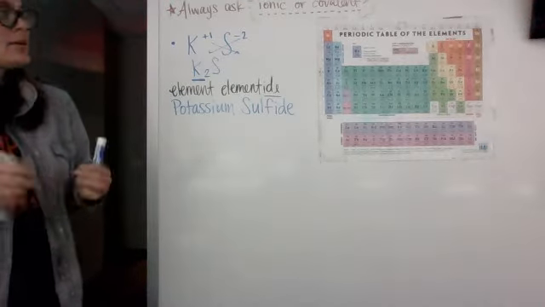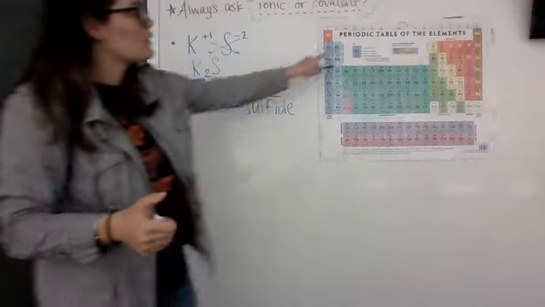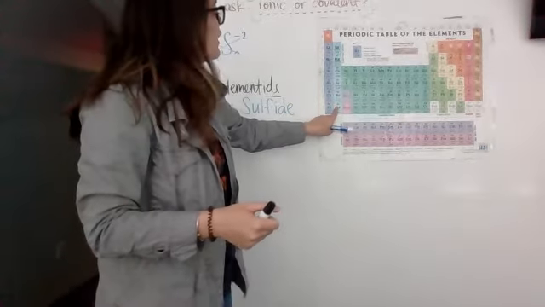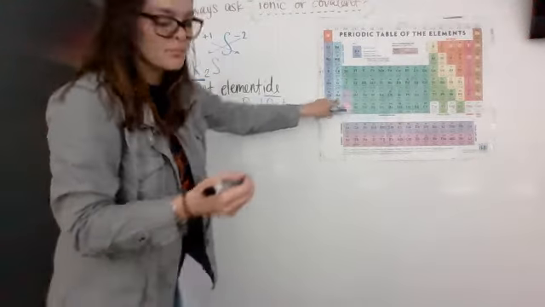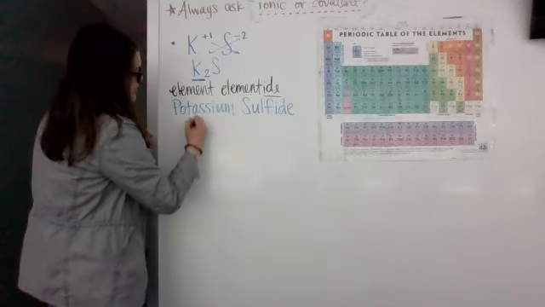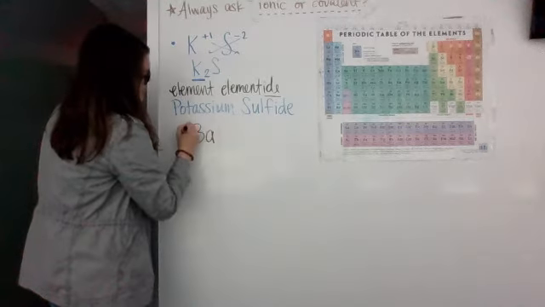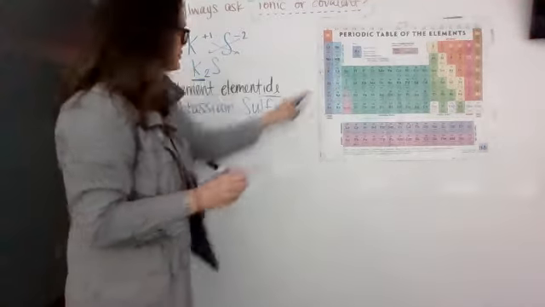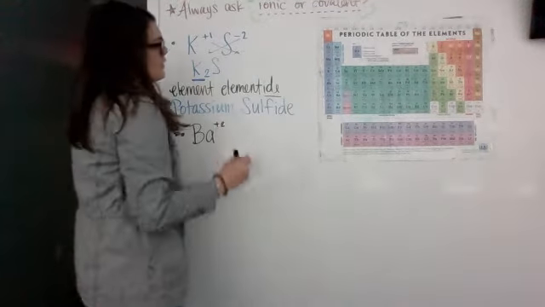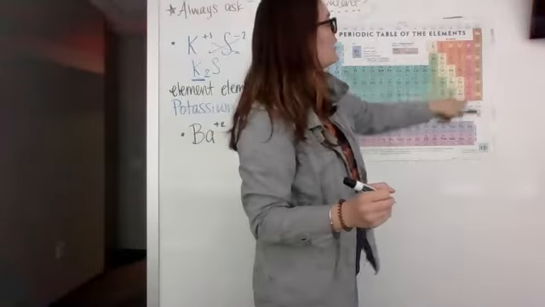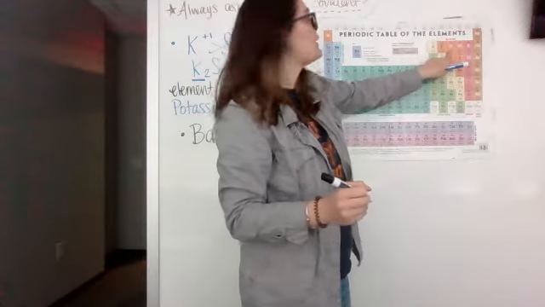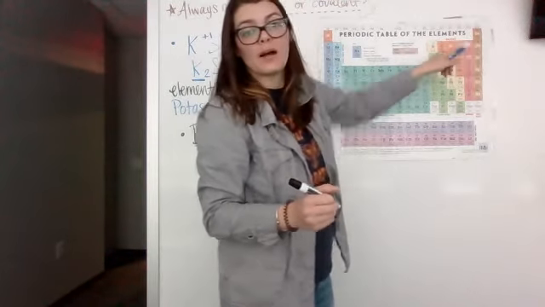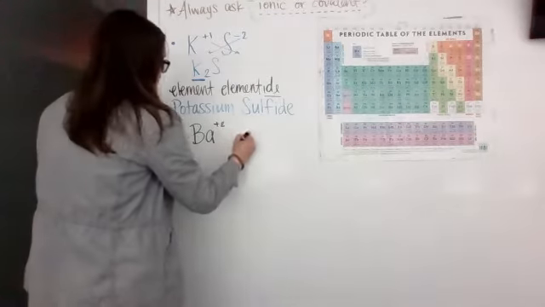Looking at another example, we can do group 2. Let's do Ba, which has a +2, and we can look at N, which is in this column that has a -3 charge.